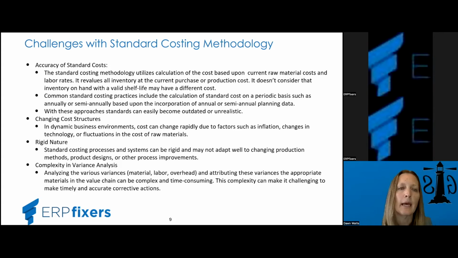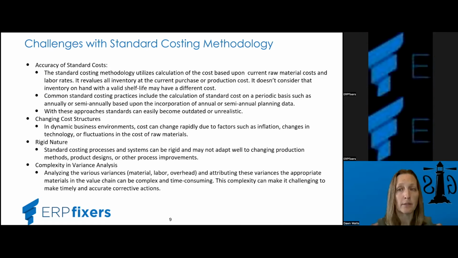Common standard costing practices include the calculation of standard cost on a periodic basis. What I've seen in practice is a lot of times companies will wait, let's say, a year. They'll only roll their costs on an annual basis or maybe a quarterly basis. And some companies have been driven to say, we want to roll it on a monthly basis.